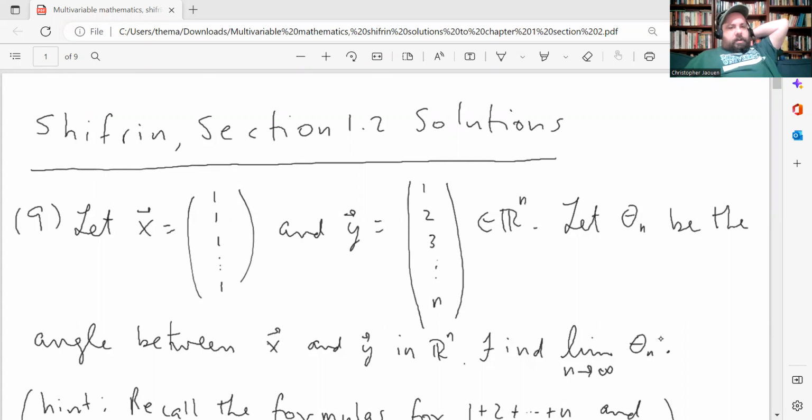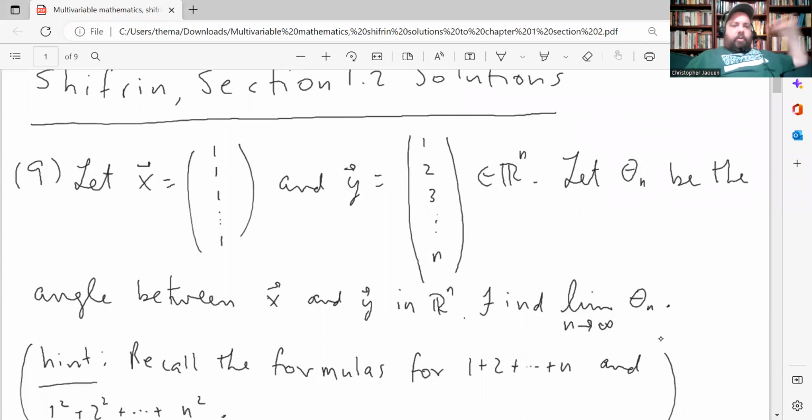In question number 9, he's defining these two vectors. Actually, I should probably have these subscripted, x_n, y_n, because they have n components. So these are elements of R^n.